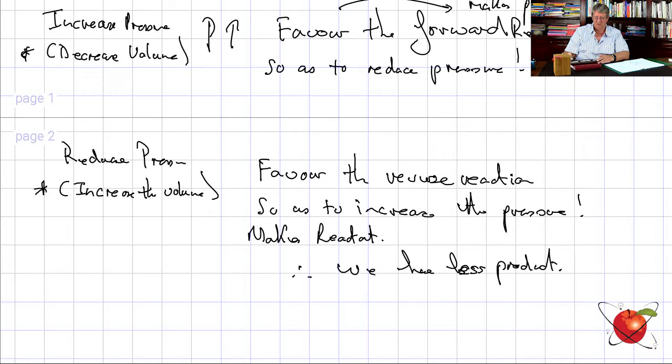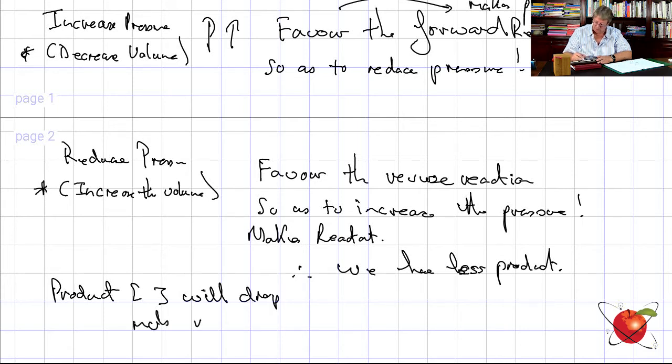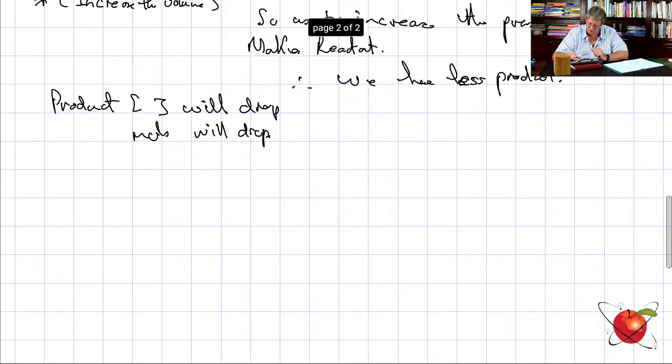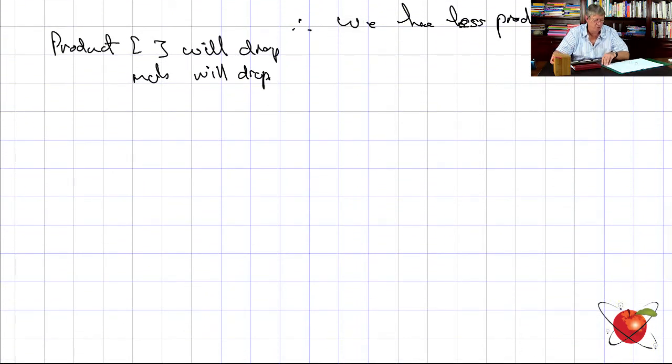We have less product, which means the product concentration will drop. The product moles will drop. Okay? In other words, everything will be changed. But once you've identified this, the rest falls into place quite straightforwardly. Now, it's seeking to remove the disturbance that we have introduced. All right? Same as a human, we try and remove the pressure on us.